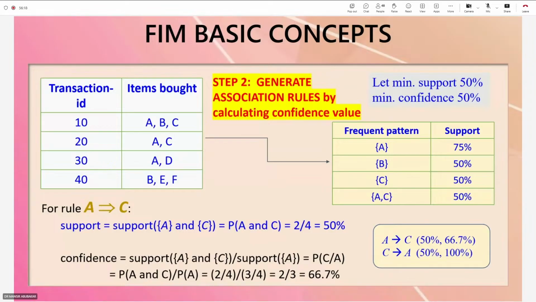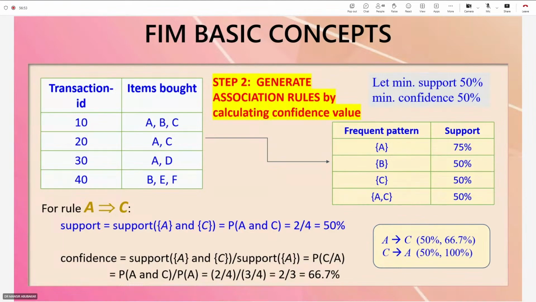Then divided by the support of A, which is the antecedent, if you remember our previous slide. The support of A is 3/4, which is 75%. So finally, we have 2/3, which is 66.7%, which is above the confidence level. So we can say 67%, and the minimum confidence is still 50%. That is how the confidence is calculated.